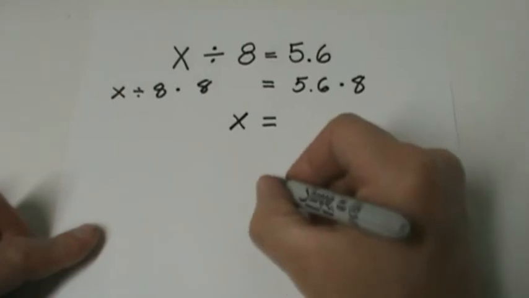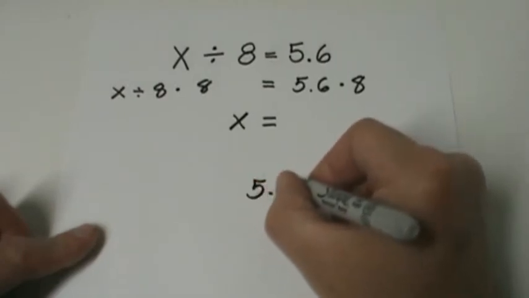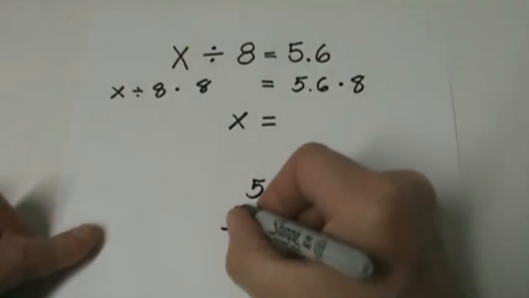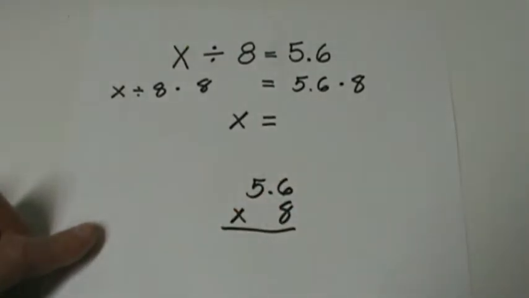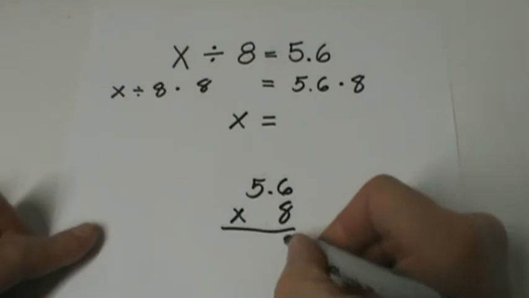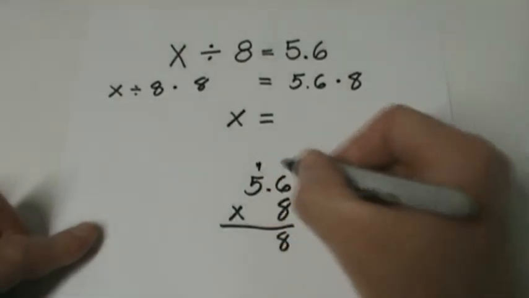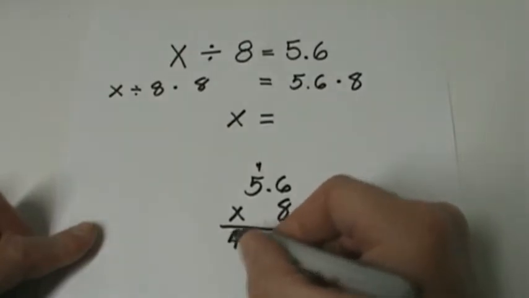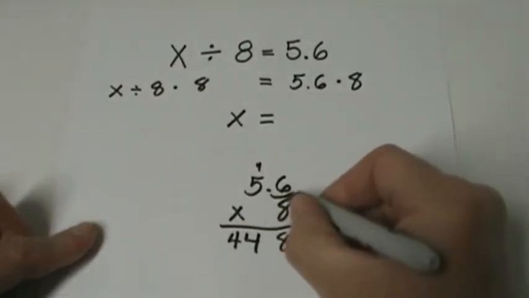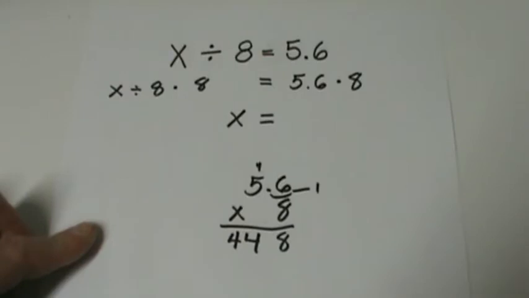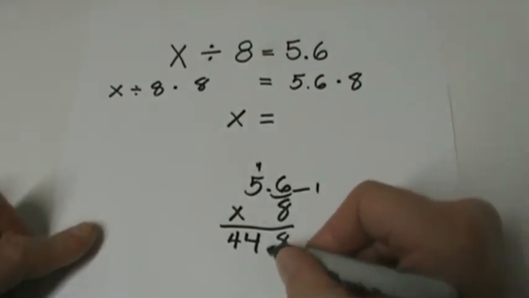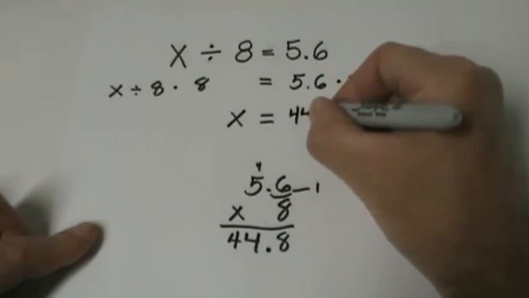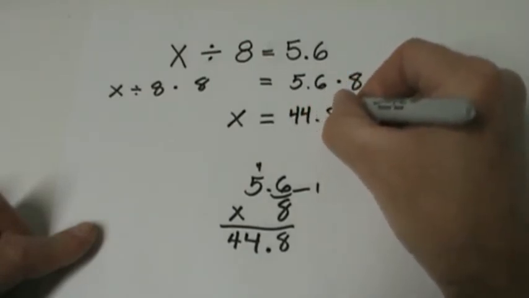So we're going to set it up as a standard algorithm, and we will multiply 8 times 5 6/10. 8 times 6 is 48, carry your 4. 8 times 5 is 40, plus 4 is 44. We have one decimal place up in our factors, so we bring it in once and we put it right there. So the value of x is going to be 44 and 8/10.